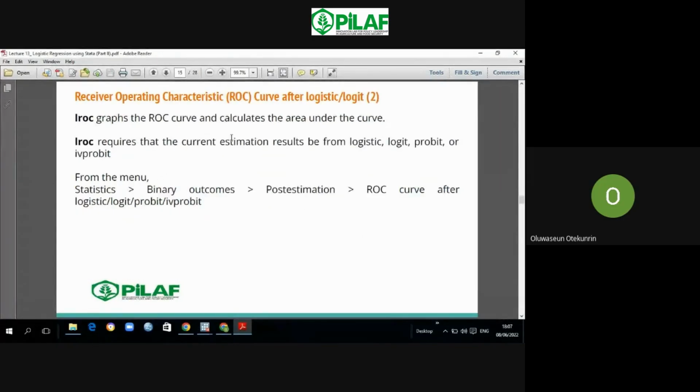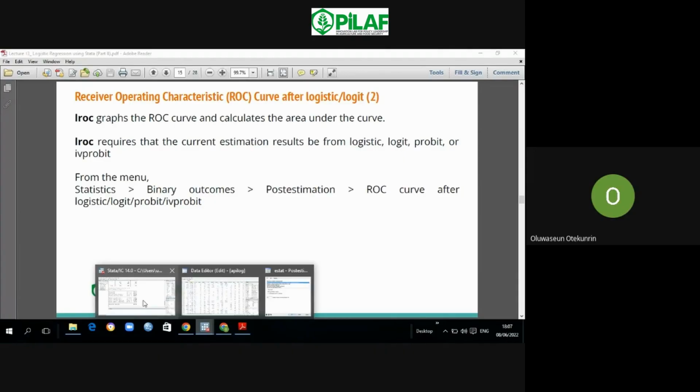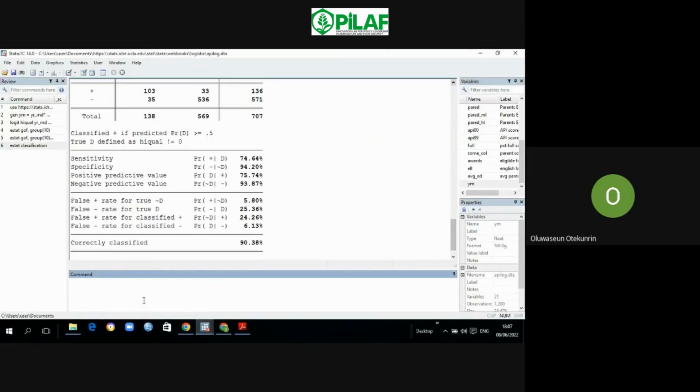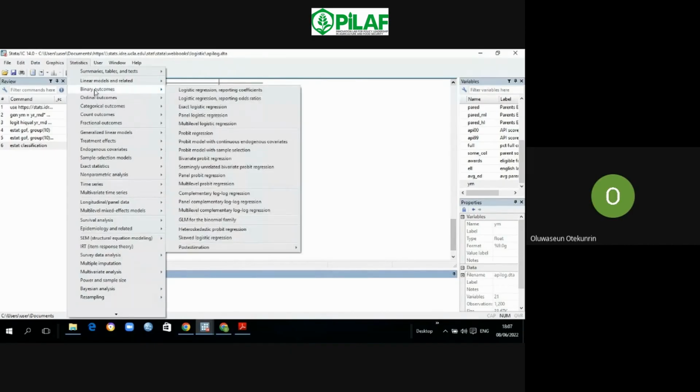So we are still using the same data set. We move from statistics to binary outcomes, from binary outcomes to post estimation, from post estimation to ROC curve after logistic.